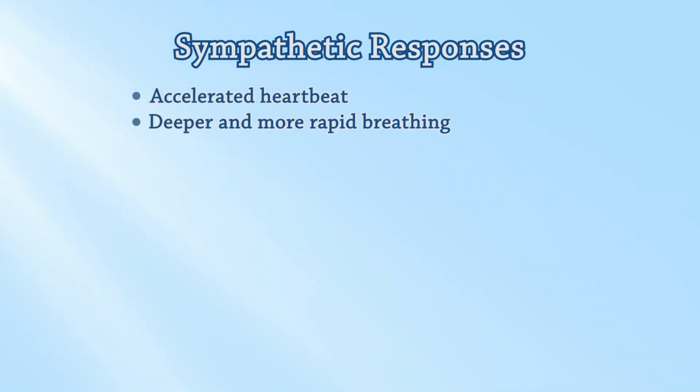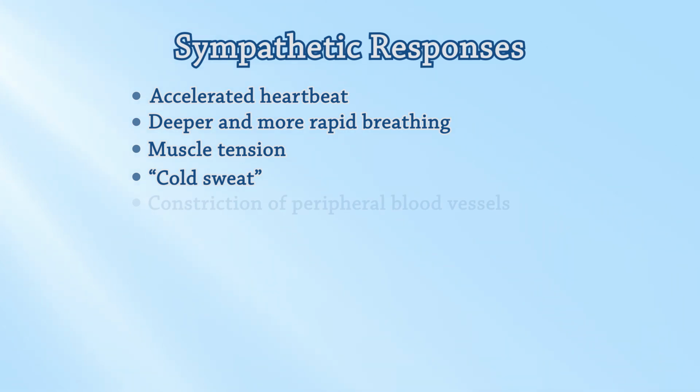Some of the most noticeable changes that take place include the following: an accelerated heartbeat, along with deeper and more rapid breathing to ensure a large supply of oxygen, increased muscle tension to prepare the muscles for any upcoming action, a cold sweat that prepares the body for the warm sweat of intense muscular activity, the constriction of the peripheral blood vessels near the surface of the body.